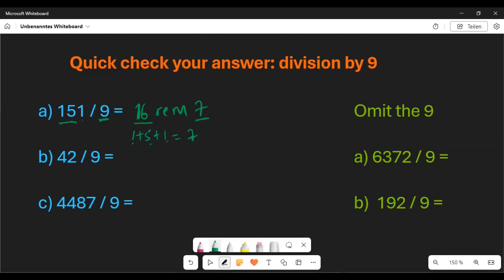That is one way of confirming that this remainder is right.